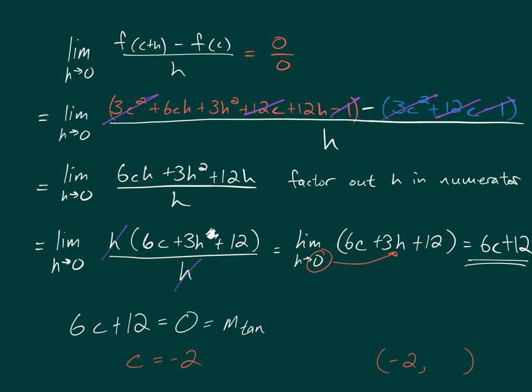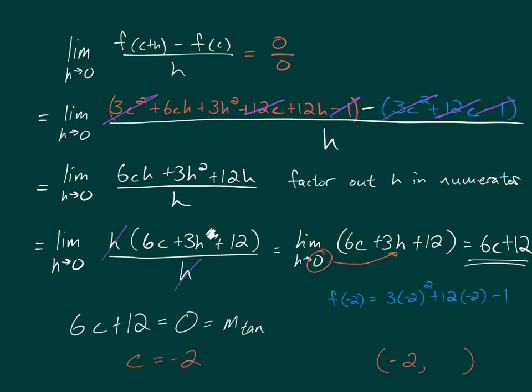The other half of the ordered pair comes from when you evaluate the original function, let's say f of negative 2. When you evaluate the original function at negative 2, negative 2 minus 1.